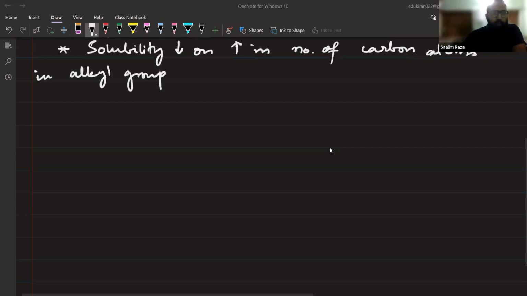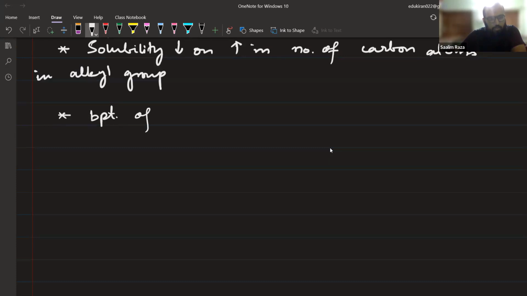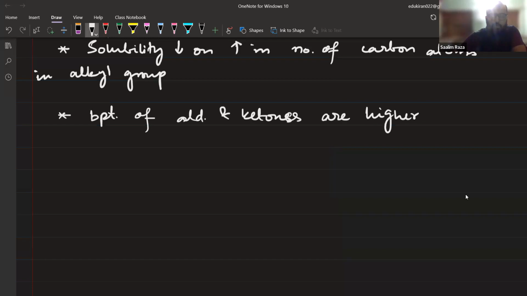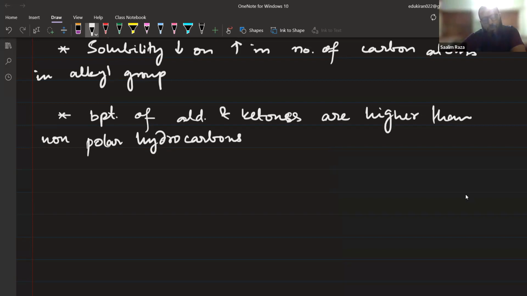चलिए. Now, right, next point regarding the boiling point. Boiling point of aldehydes and ketones are higher than non-polar hydrocarbons and weakly polar ethers. ठीक है?